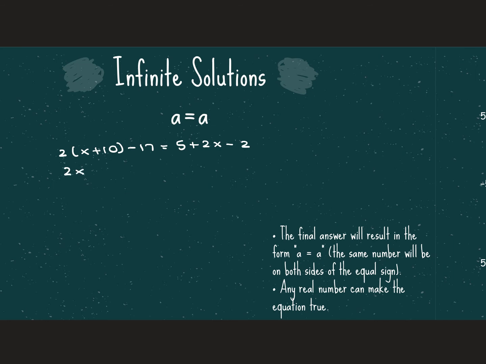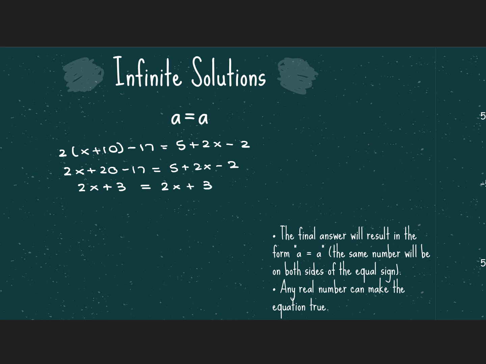So I have 2x plus 20 minus 17 is equal to 5 plus 2x minus 2. I see that on both sides I have to combine like terms. So my 2x is going to stay the same. 20 minus 17 is a positive 3. Then on my right side, I have 5 minus 2. So that leaves me with 2x plus 3.